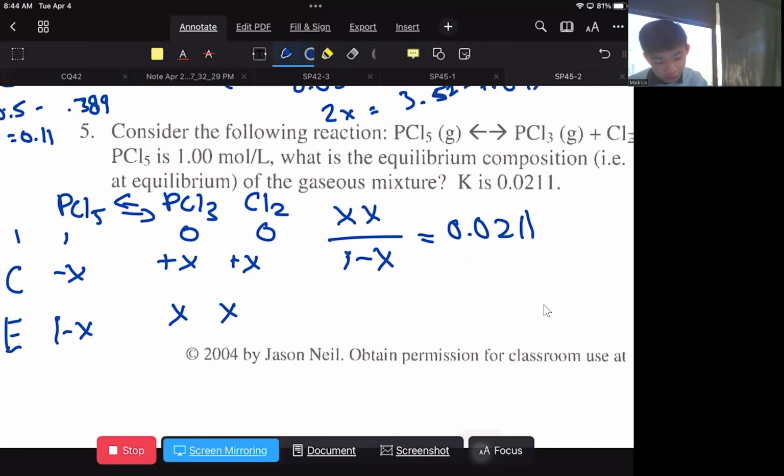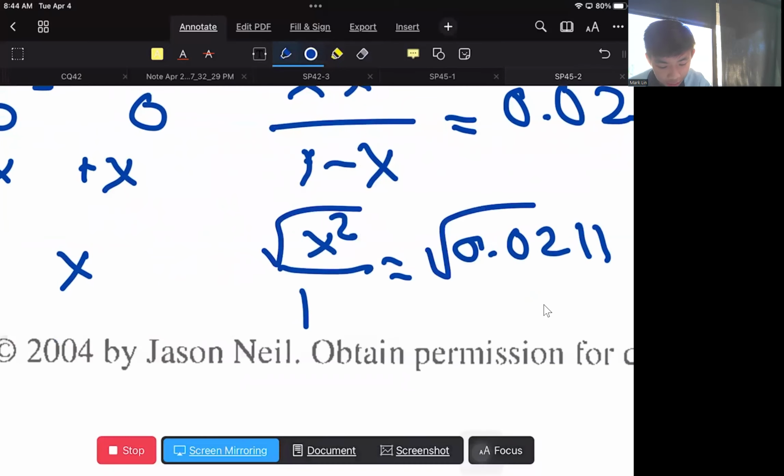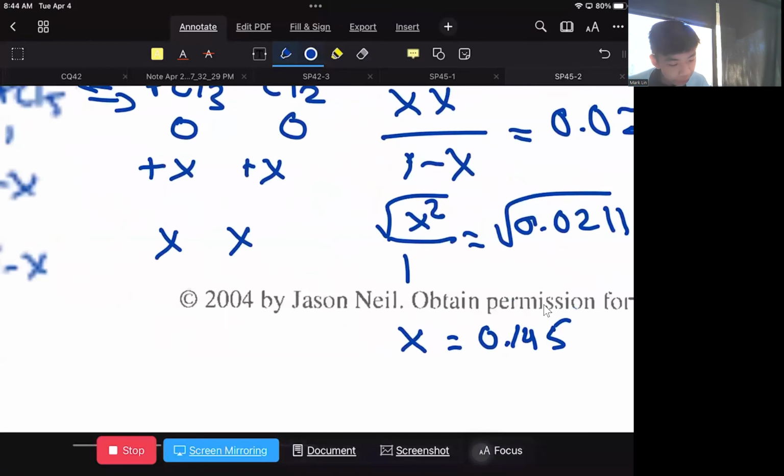Already at the door. So this is one of those equations where you can just get rid of the x in the denominator. So it'll be x squared over 1. So x squared, you just take the square root of both sides, right? x will equal the square root of 0.0211, which will be 0.145, right?